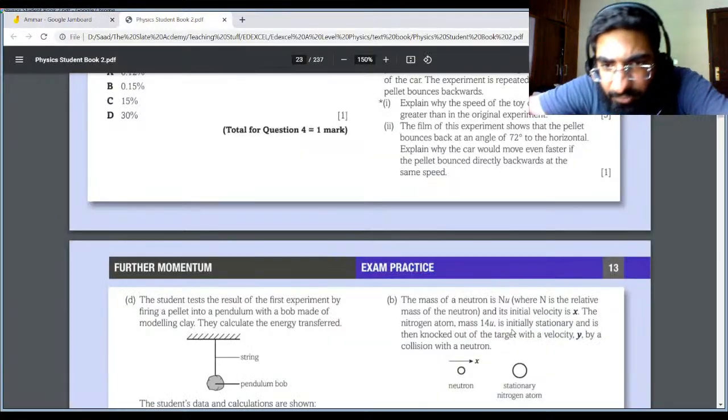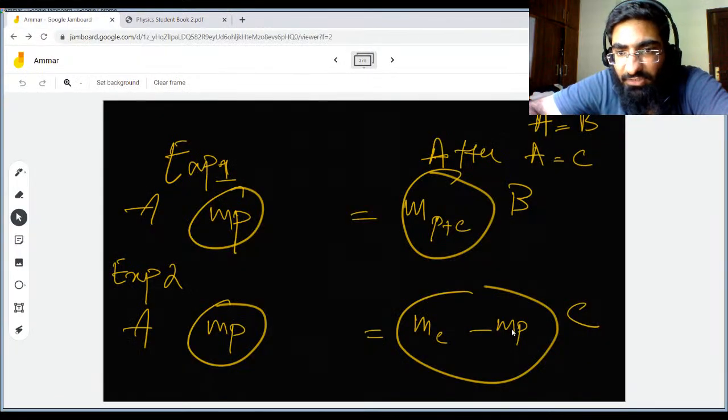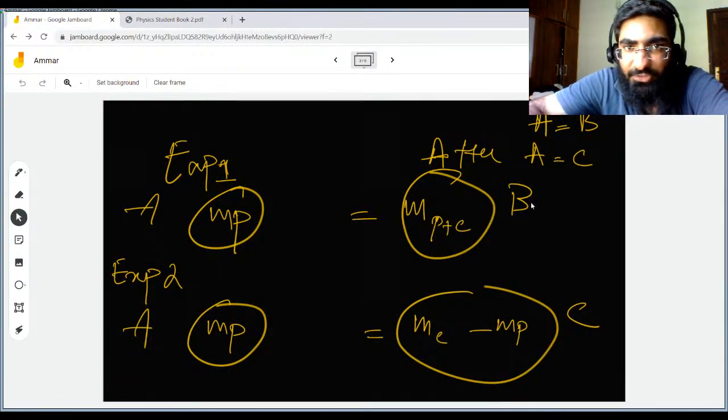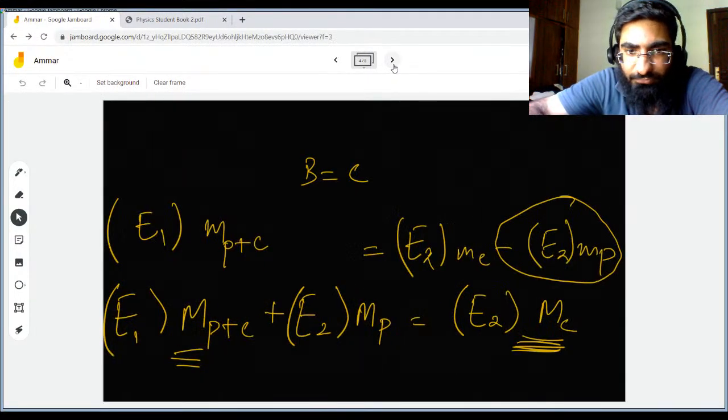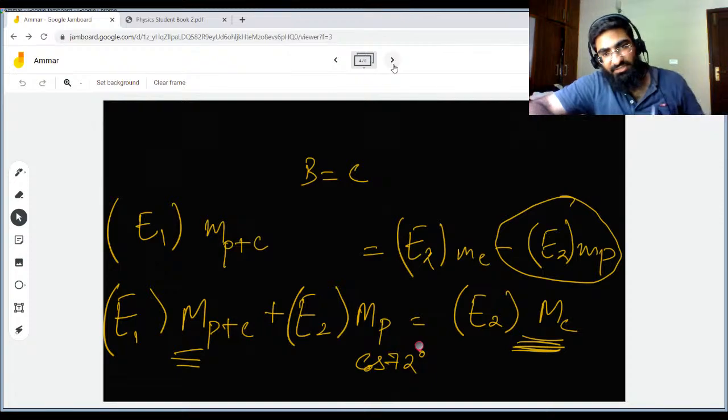Let's just go to the next question, please. Okay, just last thing. In this case, you were right. This one would be cos 72. And if the velocity is the same at that particular angle, now this component has become smaller.